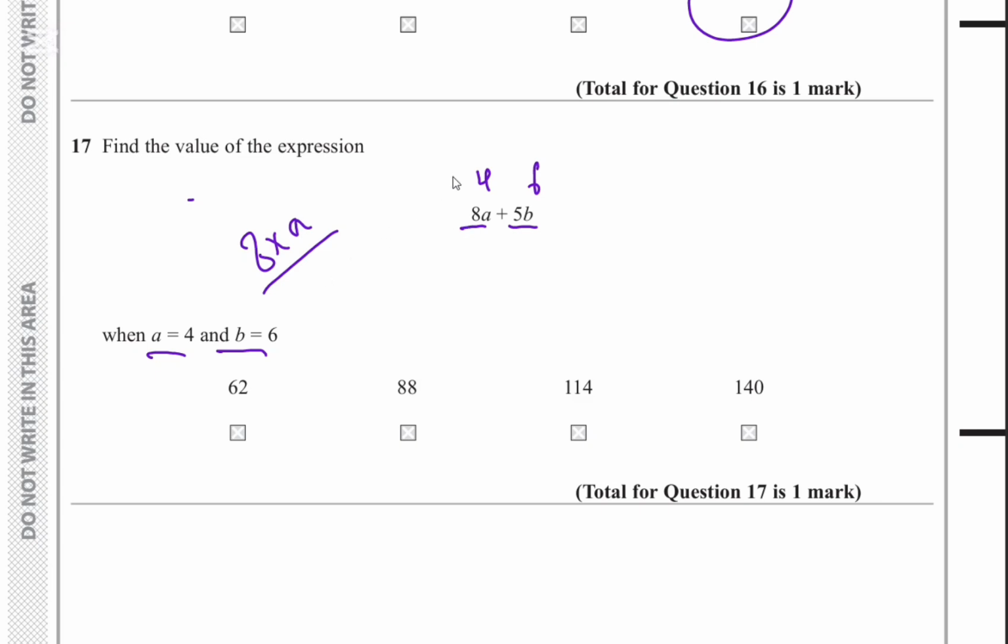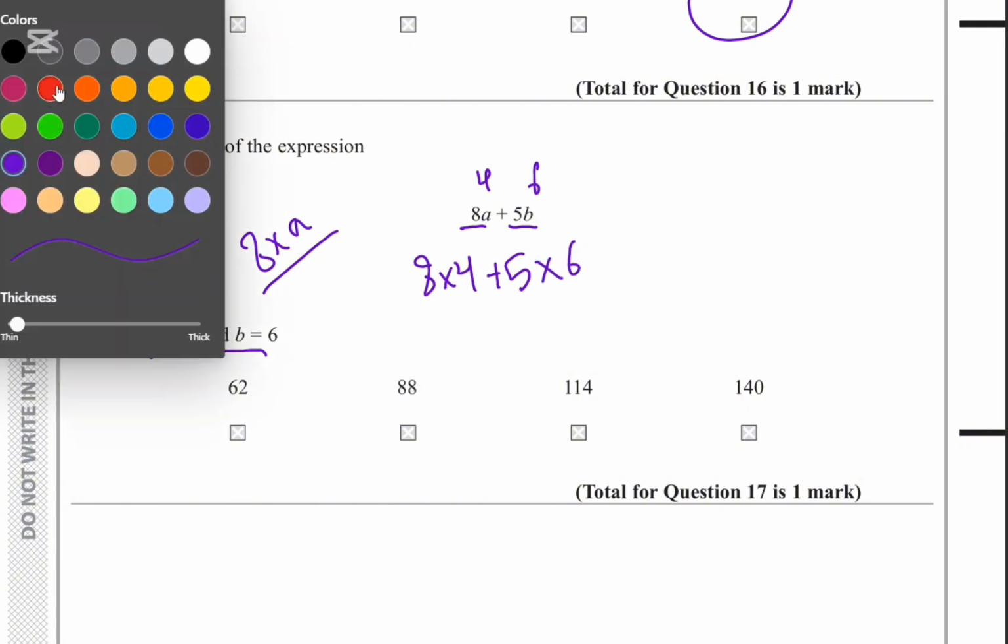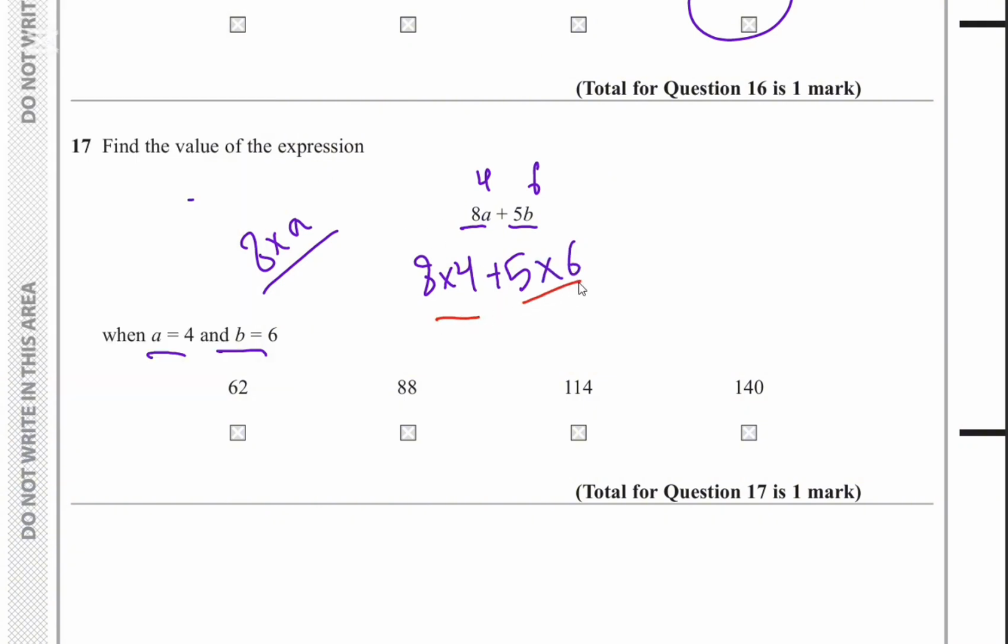So it's 8 times 4 plus 5 times 6. Now we know BIDMAS, that we have to do the multiplying first, and then the plussing. So 8 times 4 is 32, plus 5 times 6 which is 30, and then 30 plus 32 is 62. So the answer is 62.